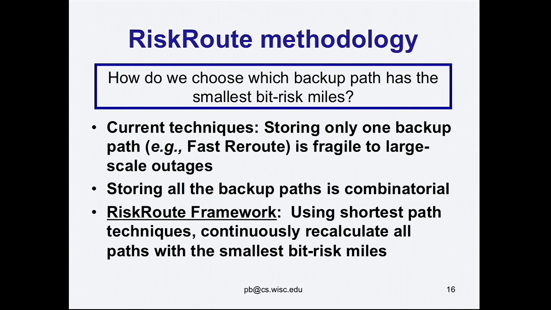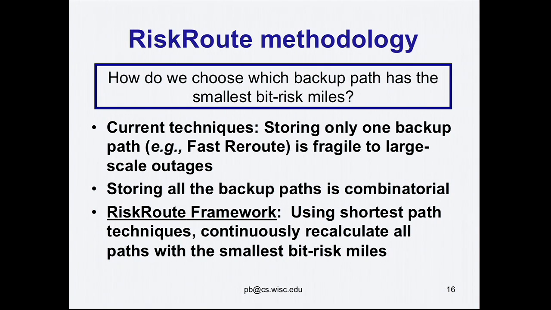So what we've developed in RiskRoute is essentially an optimization framework that allows one to identify and assess the trade-offs between distance and bit risk miles. I make statements here about current techniques based solely on what I've read in the literature and not based on your operational experience. So we'll be interested in hearing your feedback again about how you manage these issues.